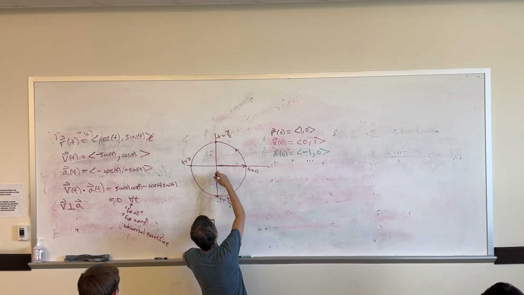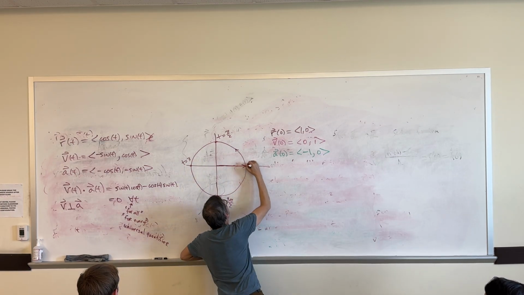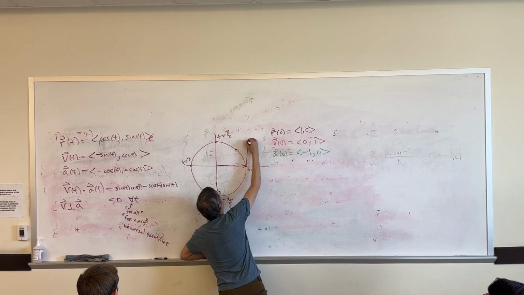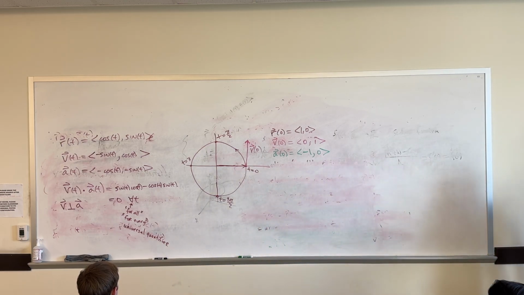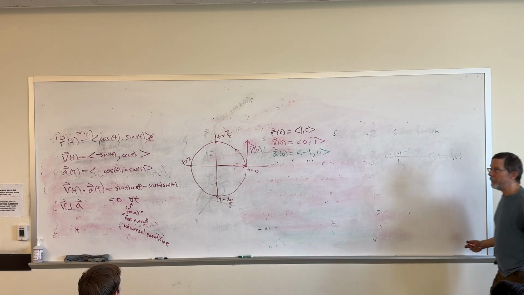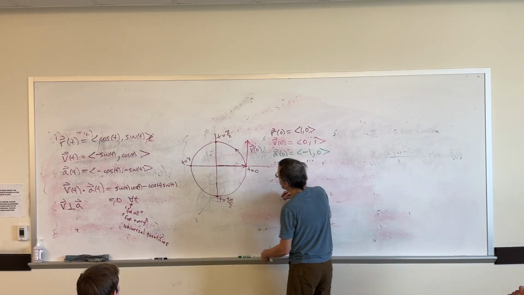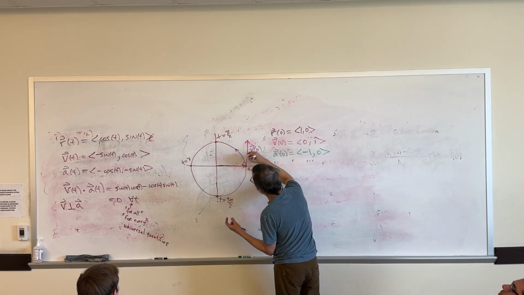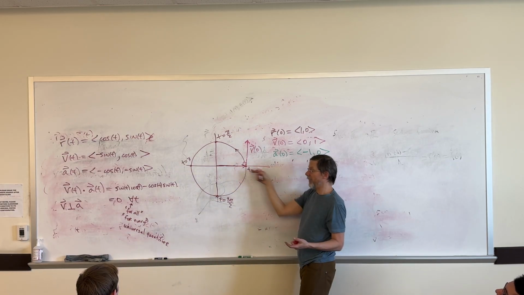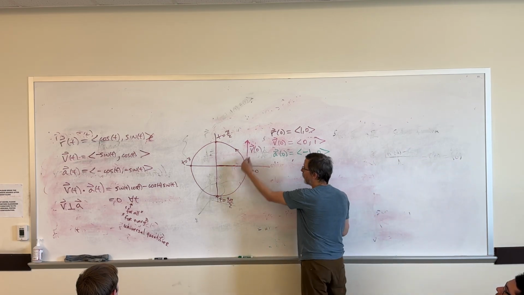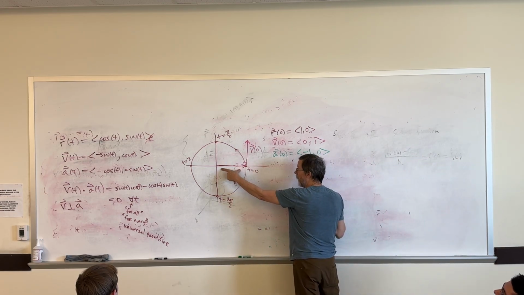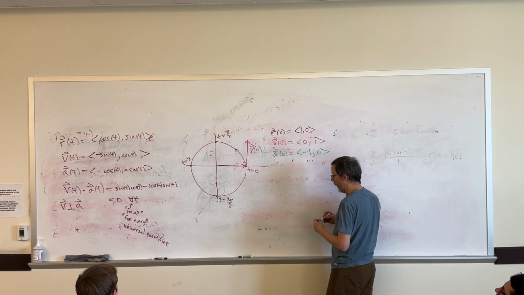It could be thought of as the vector 0, 1, pointing straight up, but we think of it as the vector emanating, so that's V of 0 right there, from the point that we're located on the curve. So that is the velocity vector, and notice it itself is orthogonal to the position vector, just because a tangent line to a circle is always perpendicular to a radius on the circle where you're tangent.